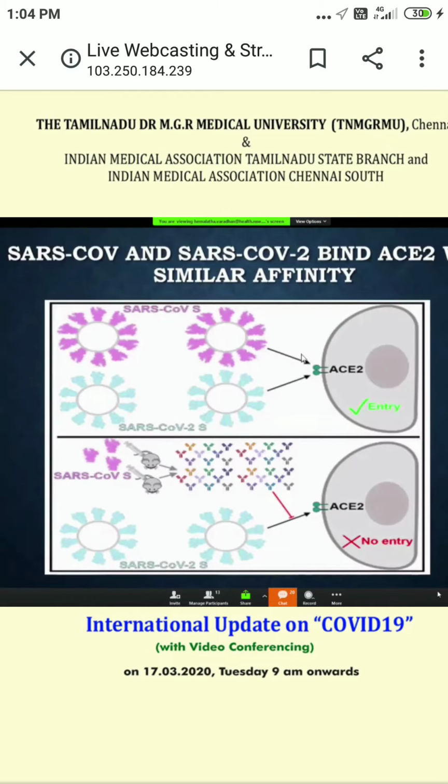Okay, so as I said, just reinforcing the fact that both the SARS-CoV virus, the one that we had before, as well as the current virus, have similar binding affinities to ACE2, and that the neutralization sera that we obtain from SARS patients can to some extent prevent the entry. And this is the subject of research at this point in time.